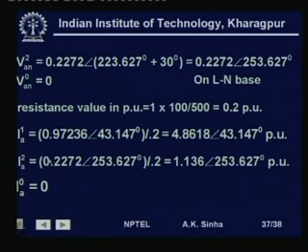Similarly, IA2 is nothing but VA2 divided by the resistance, that is 0.2. This comes out to 1.136 angle 253.627 per unit, and IA0 is going to be 0, because there is no neutral connection in this case.